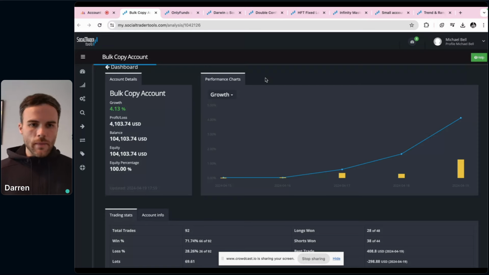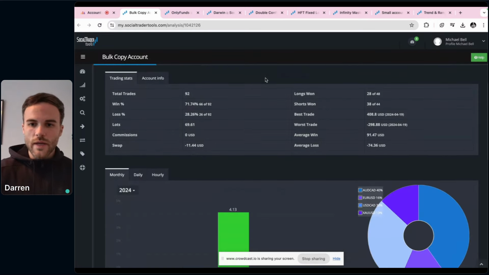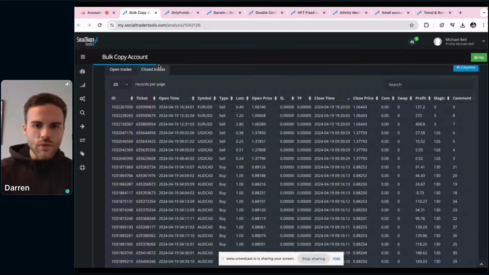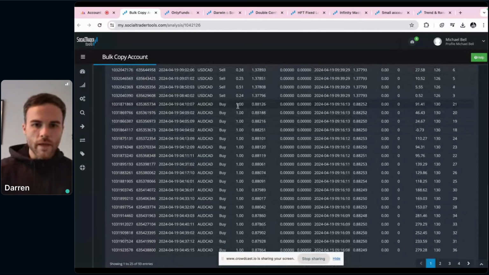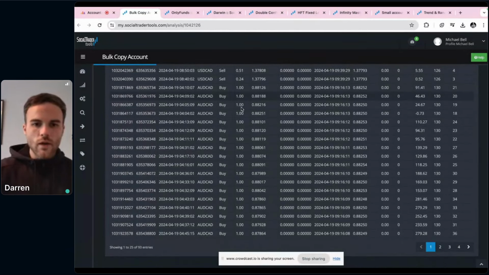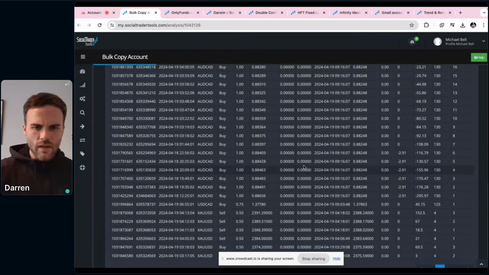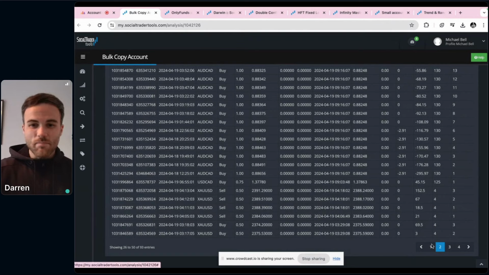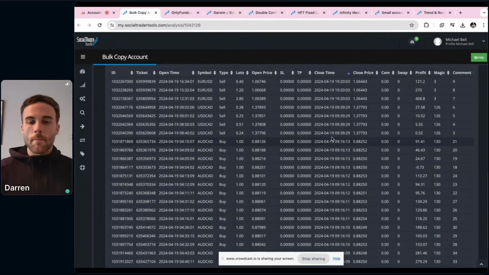Now, I've realized that some of these set files, which I'll show you now, I'll scroll down. So this AUD CAD set file, as you can see here, starting from here, it opens quite a lot of trades all in one go. There must be about 20, 15, 20, maybe 30 lots open all in one go.